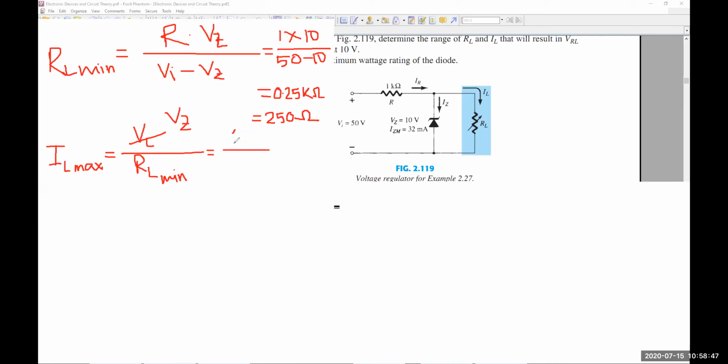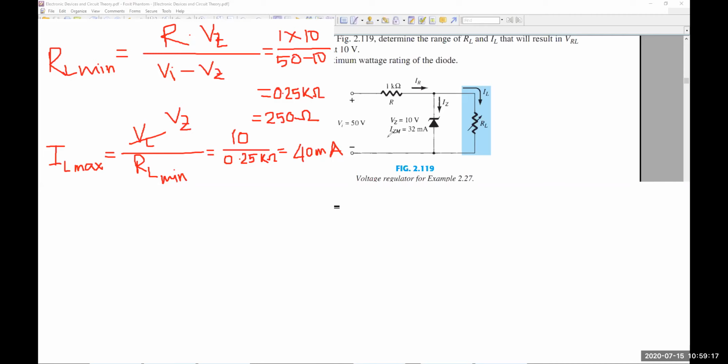VZ is equal to 10. RL minimum is equal to 250 ohm or 0.25 kilo ohm. Ten divided by 0.25, your value is 40 milliampere. Why milli? Because this is kilo. That is the maximum current you can get.